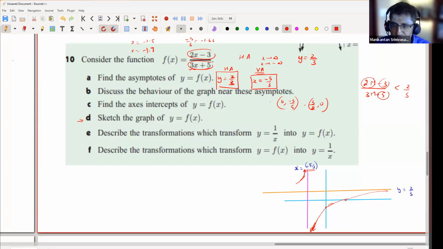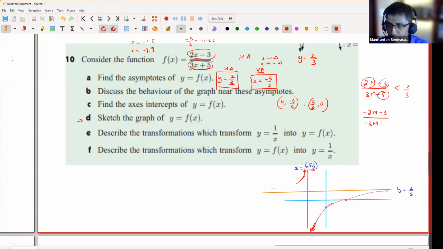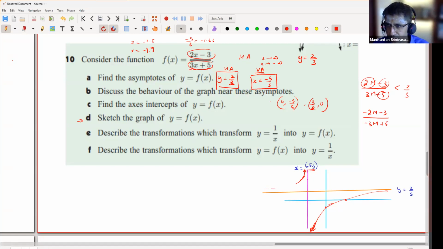And then far out, let's say this is -infinity, which means we have -2 million minus 3 upon -3 million plus 5. In magnitude, this is bigger than 2/3.